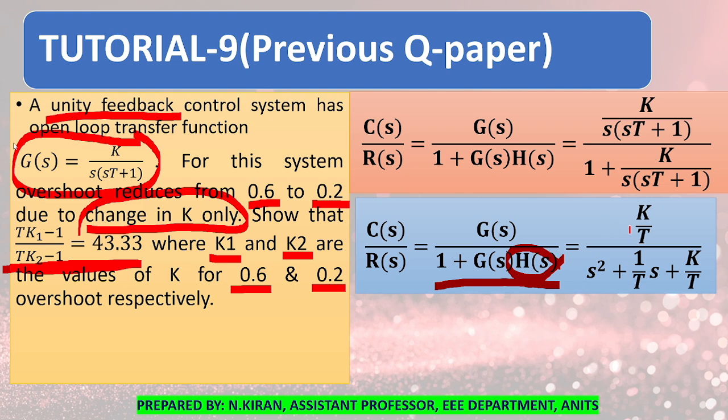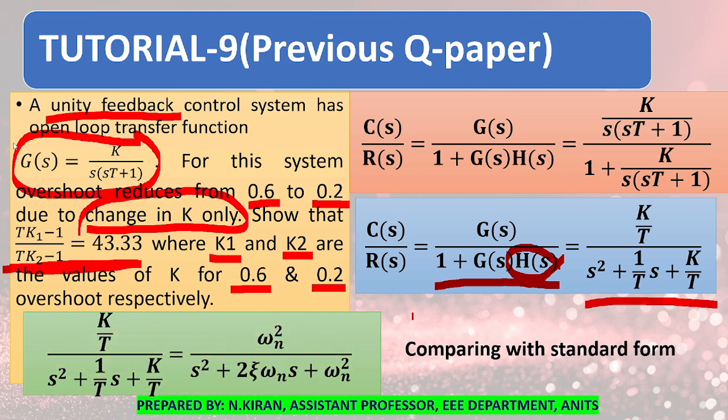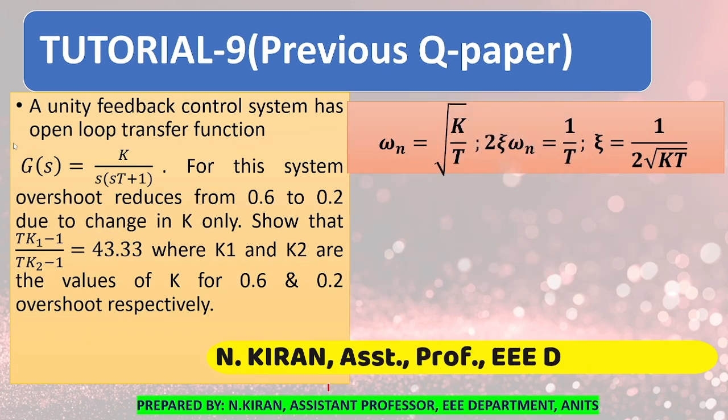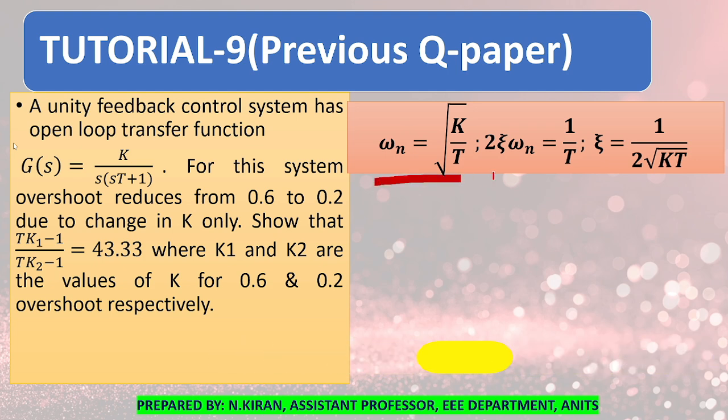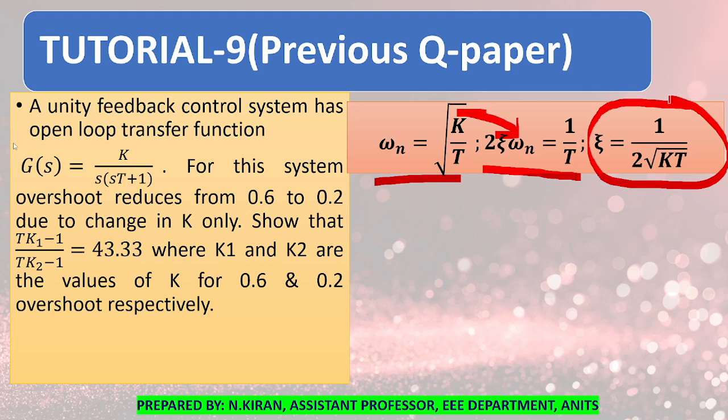That gives me (K by T) by s square plus (1 by T) s plus K by T. Comparing this with the standard form, omega n square is K by T and 2 zeta omega n is 1 by T. Equating these relations gives omega n as root over K by T. Substituting this omega n, the value of zeta is 1 by 2 into root over KT.